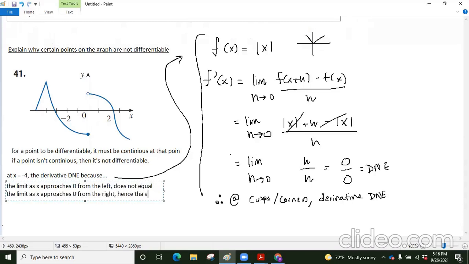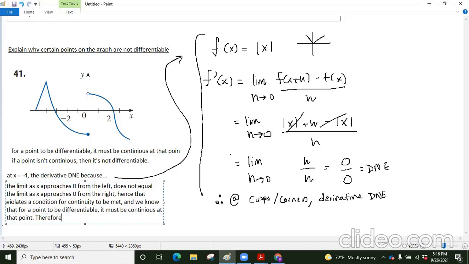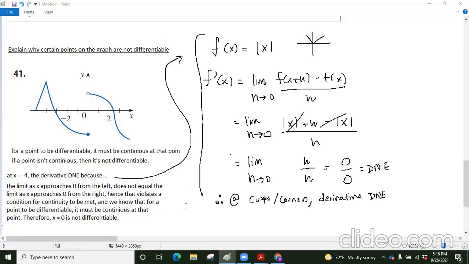Hence, that violates a condition for continuity to be met. Therefore, we know that for a point to be differentiable, it must be continuous at that point. Therefore, x equals 0 is not differentiable. And that would be the reasoning behind it.